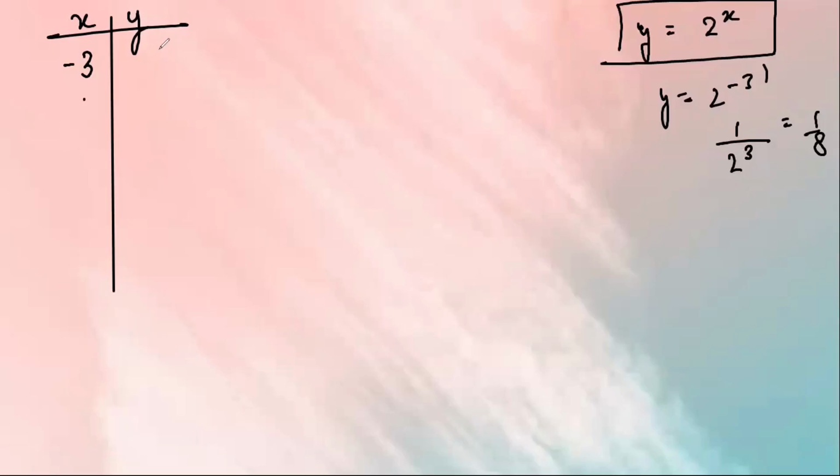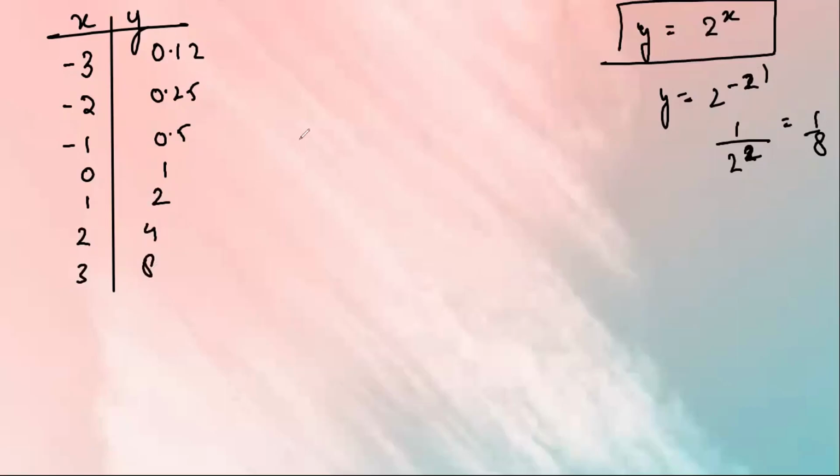And 1/8, when we convert into decimal, is 0.125. 2 raised to the power -2 means 1 over 2 squared, which is 1/4, which is 0.25. At -1, it is 0.5. At 0, something raised to the power 0 is always 1. At 1, 2 raised to the power 1 is 2. At 2, it's 4, and at 3, it's 8. So these are my values.